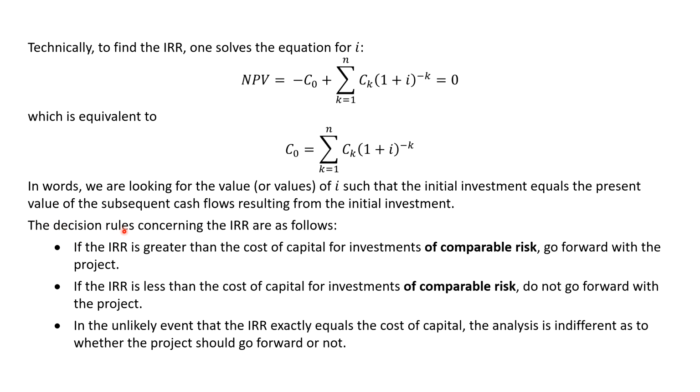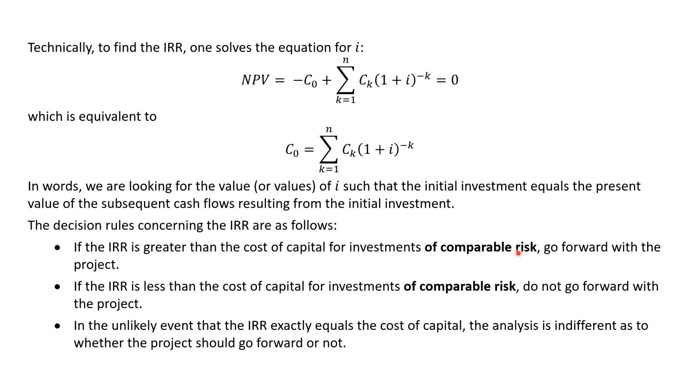The decision rules concerning IRR are as follows. If the IRR is greater than the cost of capital of investments of comparable risk, this is critical. You need to size up your perceived risk, or your analysis of the risk for your investment. And the example we had was the furniture company.